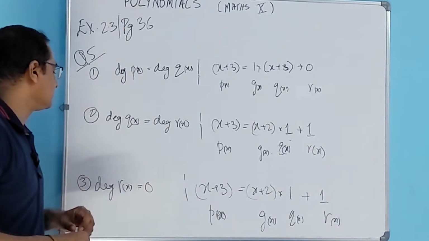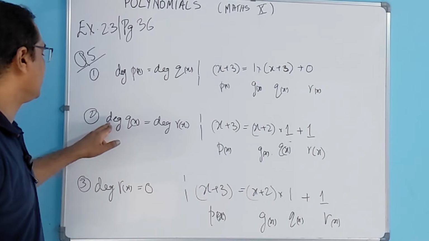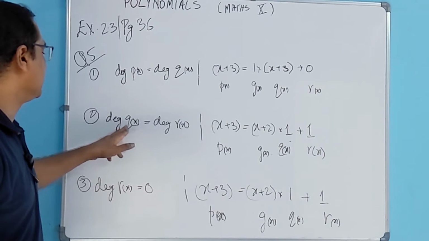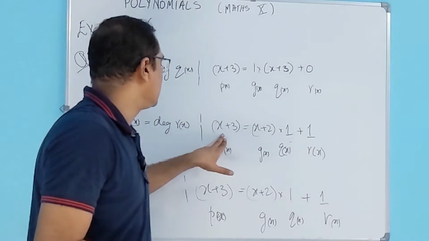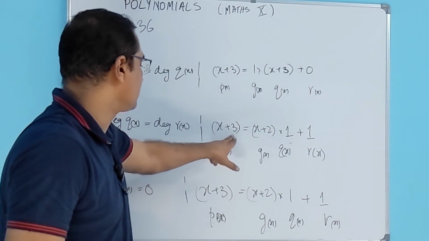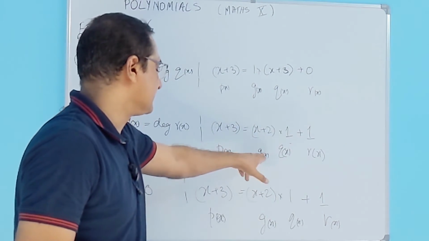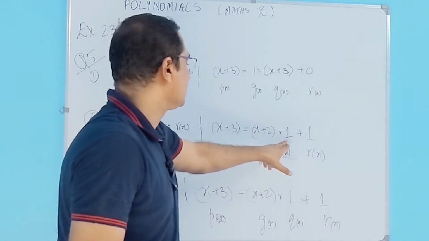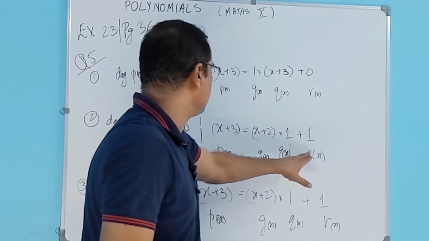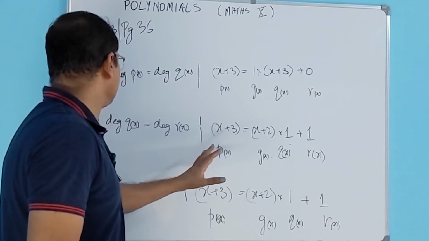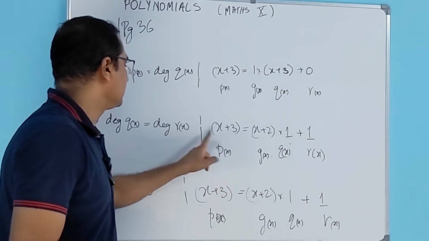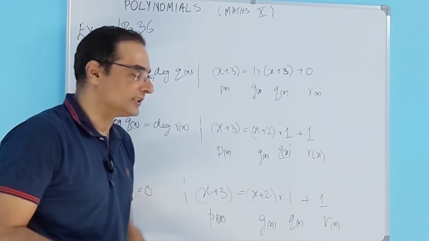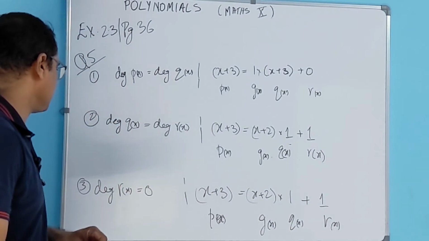If we look at sub question 2, we are supposed to find an example where degree of quotient equals degree of remainder. So if we write the division algorithm as x plus 3 equals x plus 2, so this is the divisor, quotient will be 1, and then the remainder will be 1. So if you look here, degree of quotient is 0, degree of remainder is also 0, and this is a good example.